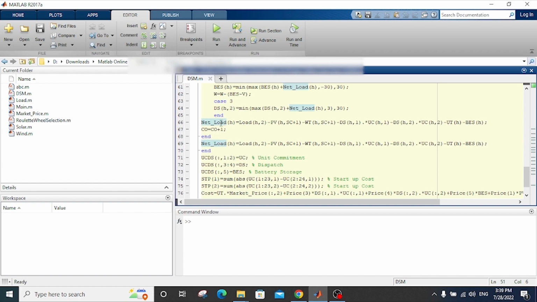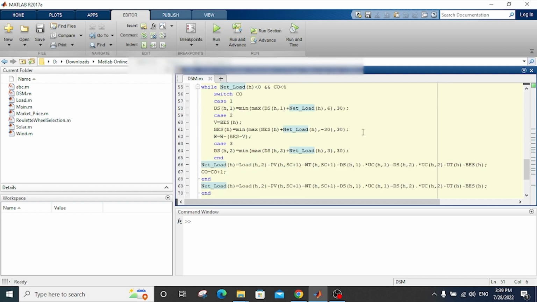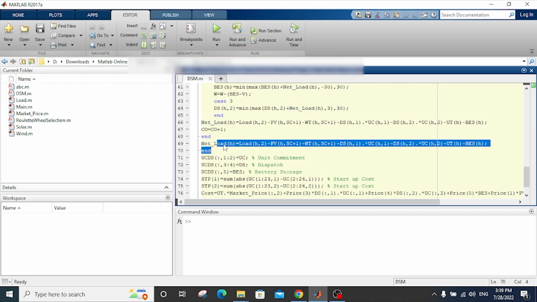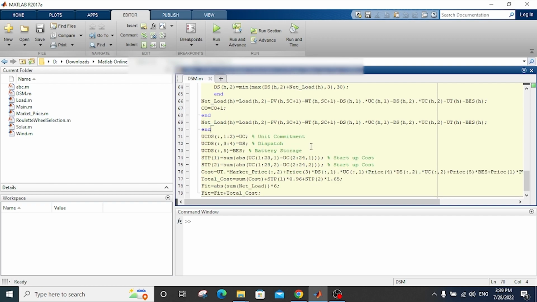If the net load is equal to 0 or the counter reaches 4, the program goes out of the loop here. After that, we calculate the new net load and repeat that for 24 hours.